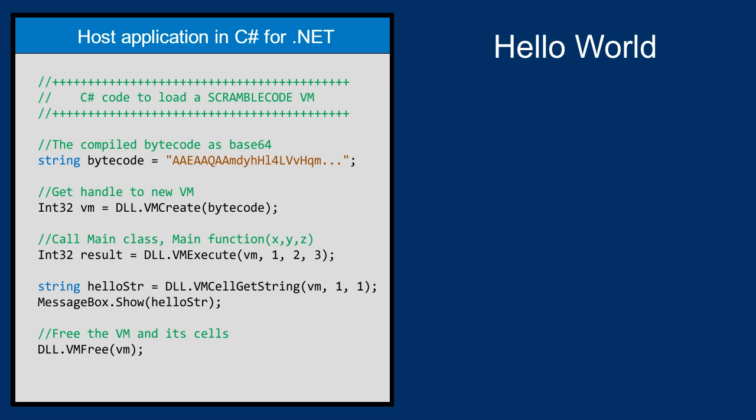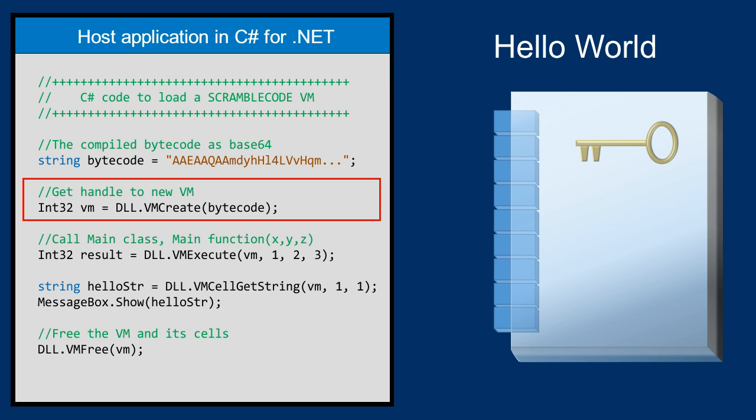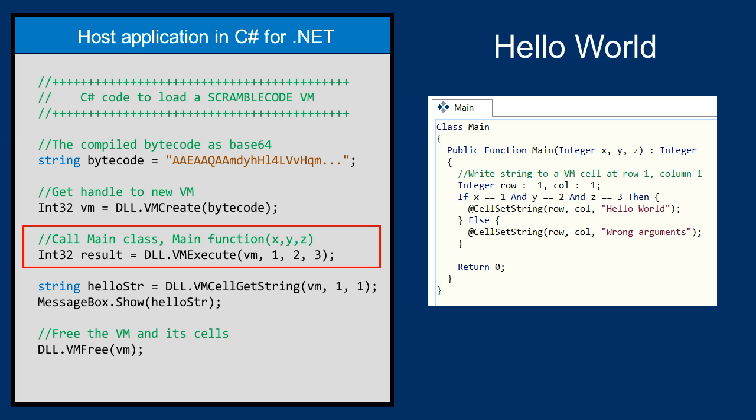It starts by creating a new VM, passing the bytecode as a string argument. The bytecode signature is authenticated and a VM handle is returned. The VM execute API function invokes the mandatory main function of the main class. Due to the arguments, the bytecode writes the hello world string to a VM cell and returns.